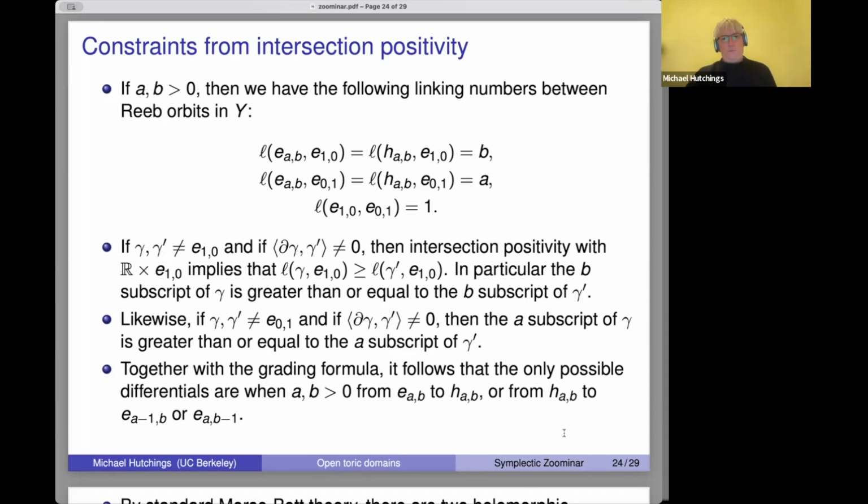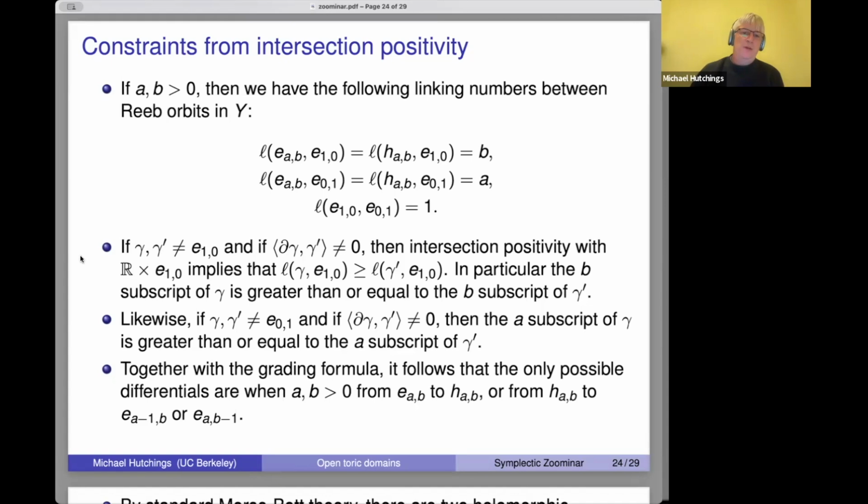Let me start at this second bullet point. So suppose I have two generators, but neither of them is equal to E_10. And suppose there's a non-trivial differential. In other words, suppose there's a holomorphic cylinder going from gamma to gamma prime. So this holomorphic cylinder has to have positive intersections with the trivial cylinder given by R cross E_10.